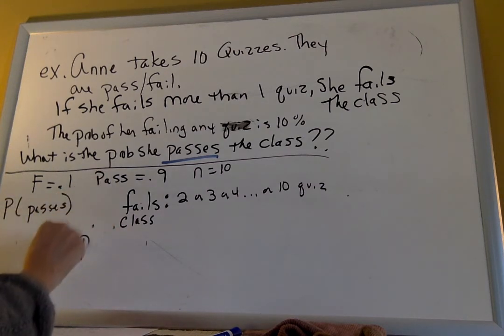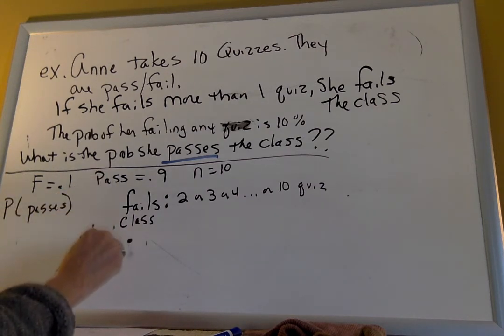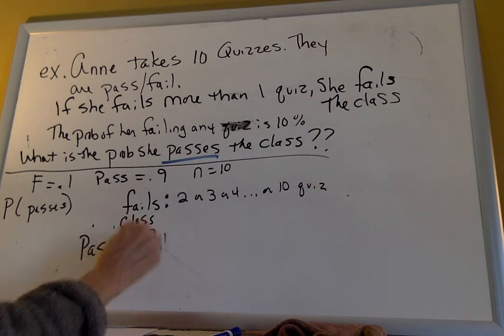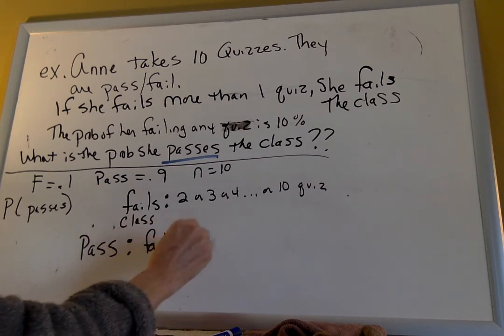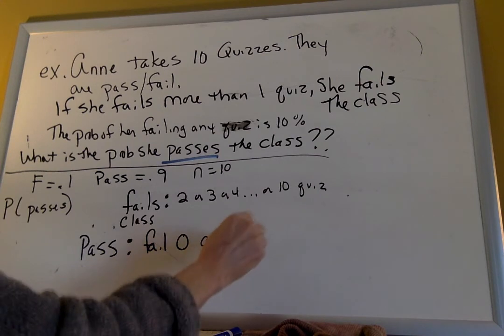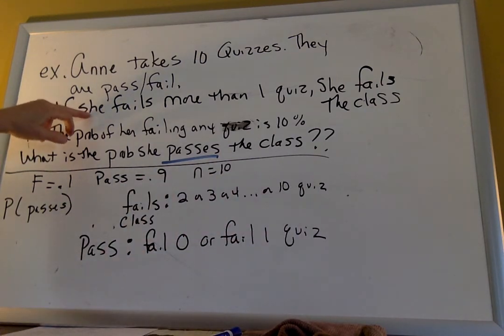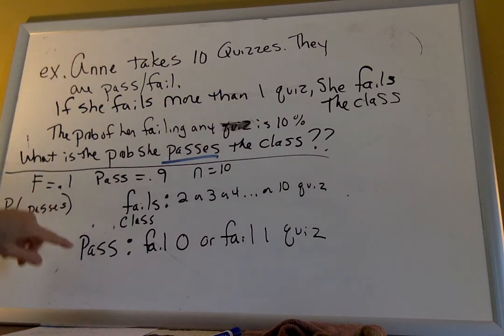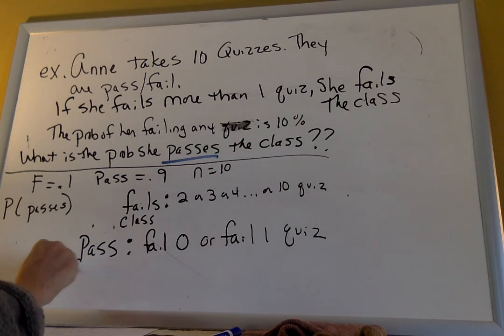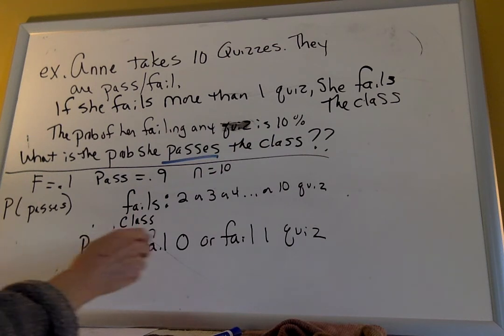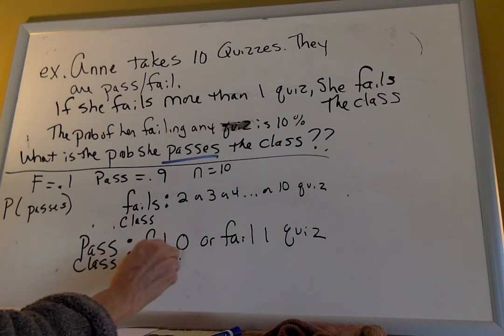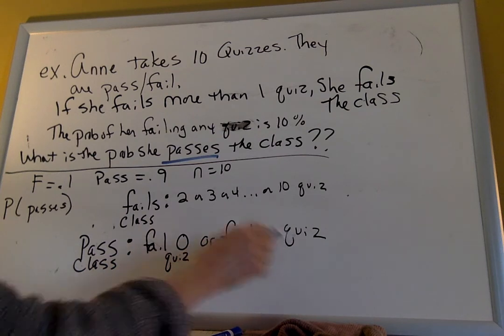So passing the class means she can fail 0 or fail 1 quiz, because if she fails more than one, she fails the class. That means she'll pass the class if she fails 0 of the quizzes or 1 of the quizzes.